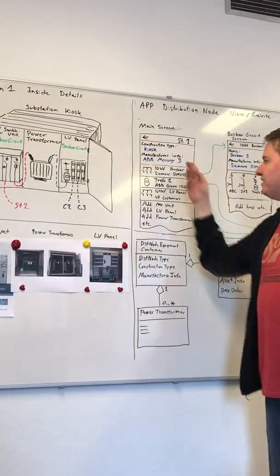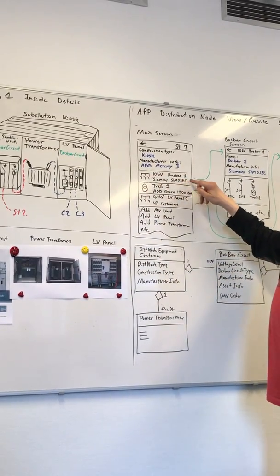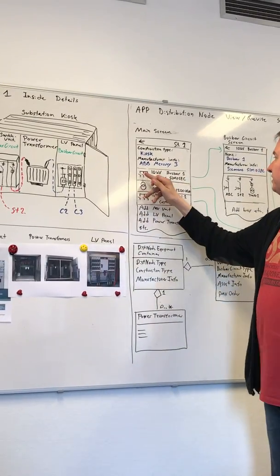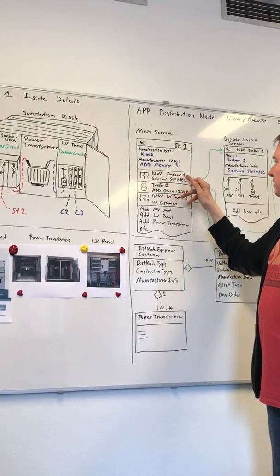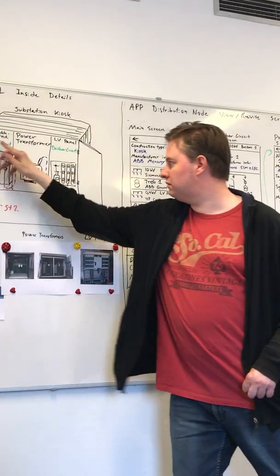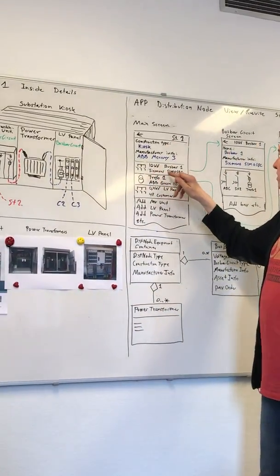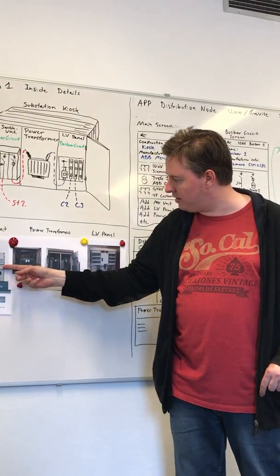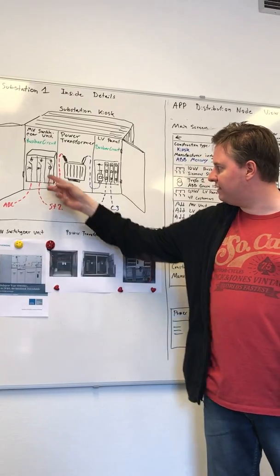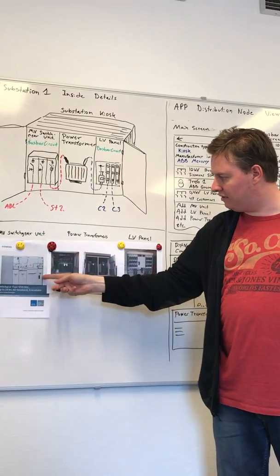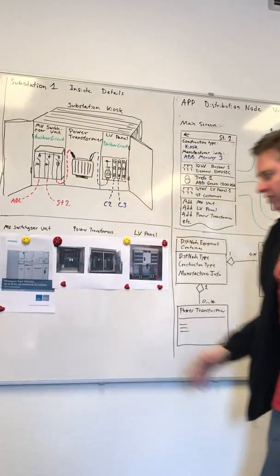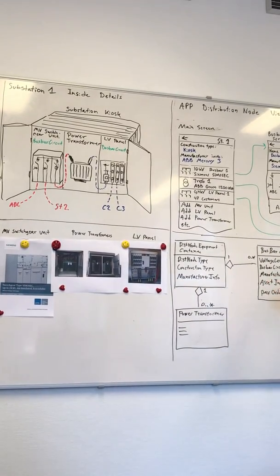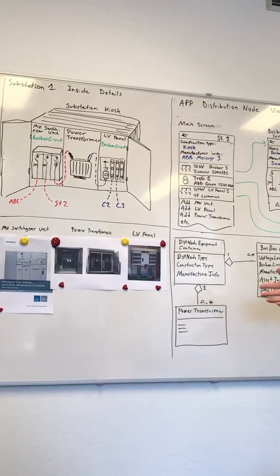Then inside it, he can see that this substation kiosk has a 10 kV unit, and he can see it's a Siemens Simosec. So he knows what equipment is inside on the medium voltage. This is important in terms of what equipment or tools he has to bring.